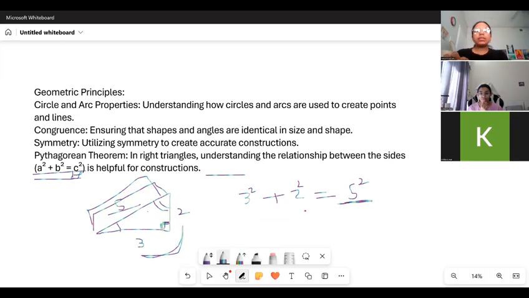And then if you check this, this is 25, and this is also 25. Wait, let me quickly check.